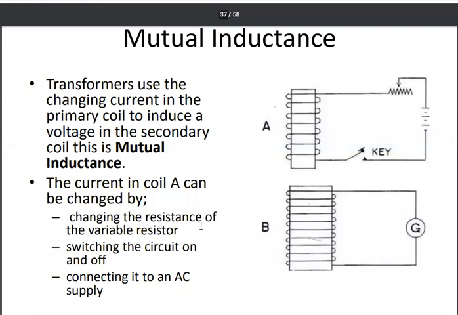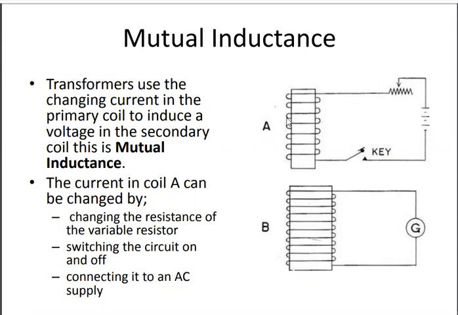So changing the resistance of the variable resistor in this circuit will change the current in this coil. As current changes in this coil, the magnetic field linked with it will also change. And the changing magnetic field causes a change in flux in this coil, and hence current will get induced in this coil.